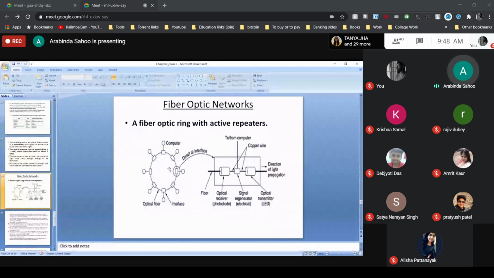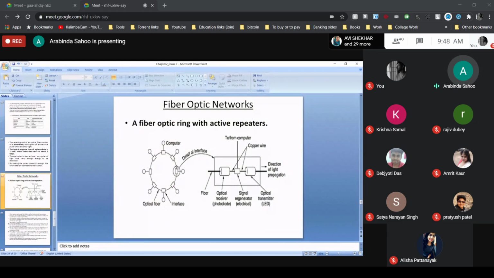We cannot communicate; simply this network fails. Because a repeater is associated with each interface, if any of the active repeaters is damaged, this communication cannot be established. That is the case of active repeaters.